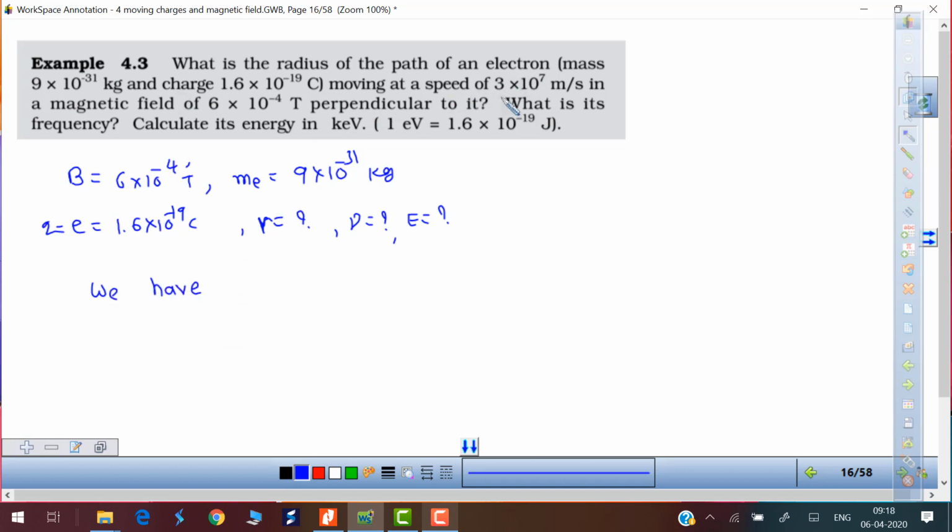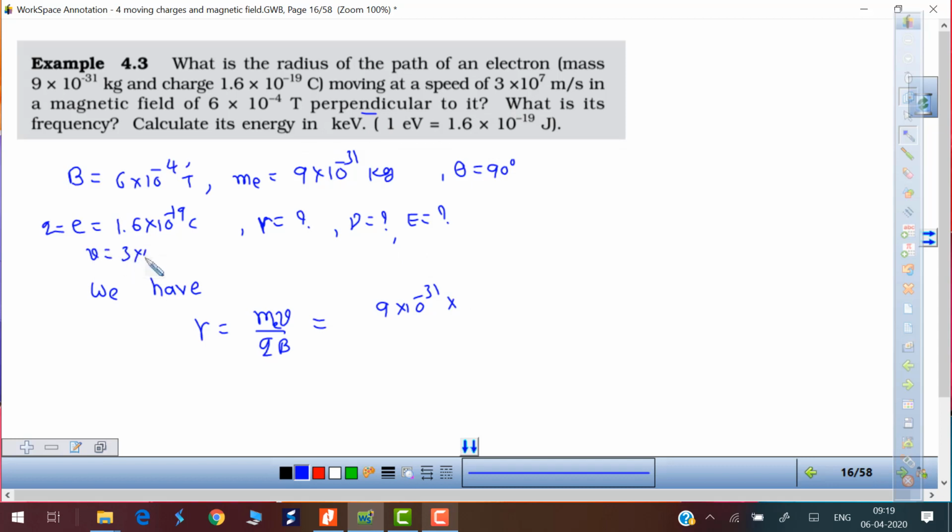So we have formula for the radius. This is perpendicular, so theta equal to 90 degree. So we have radius is equal to mv upon qb, otherwise mv sin theta. So we substitute all this value. Mass is given by 9 into 10 raised to minus 31. It is for electron. So electron, what is the velocity?